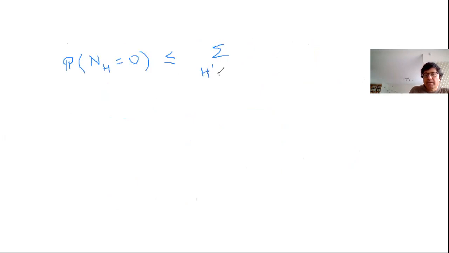Let me not rewrite that. Sum over H prime of n^(-VH' - alpha EH').